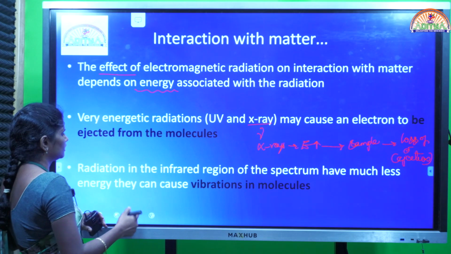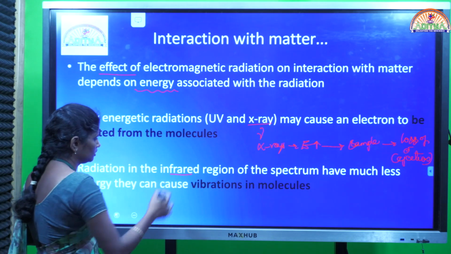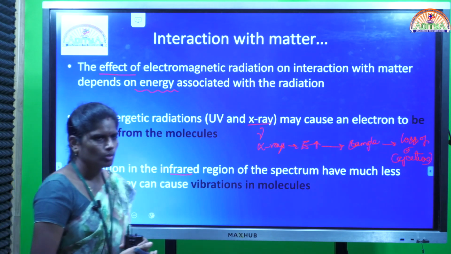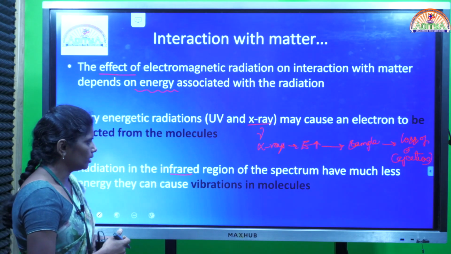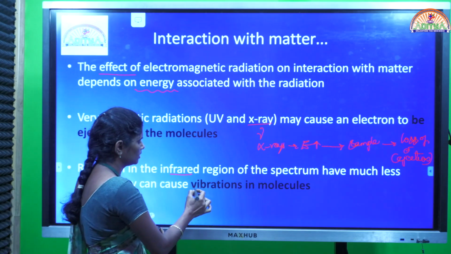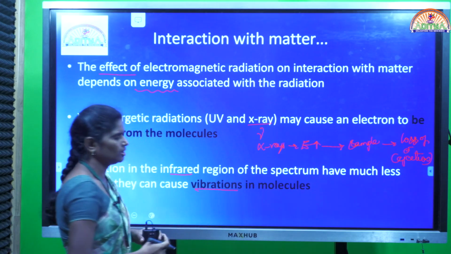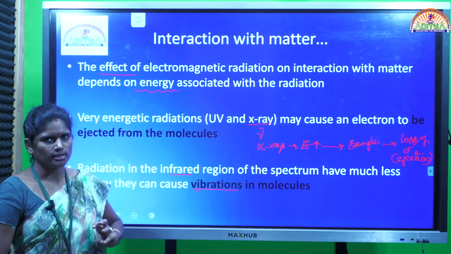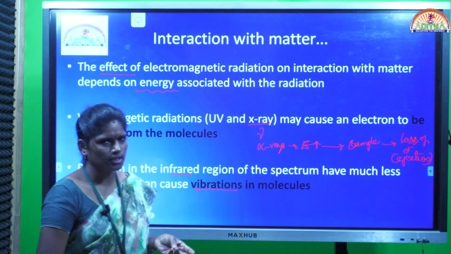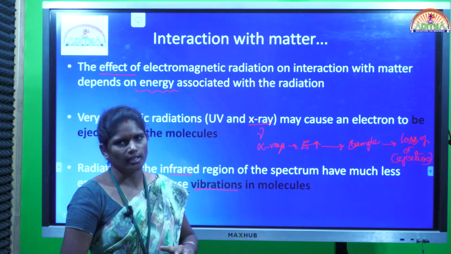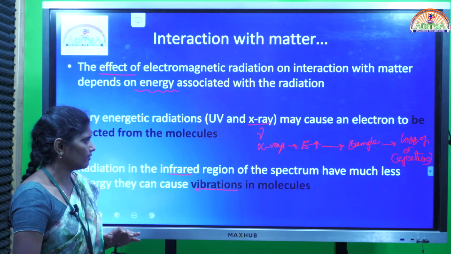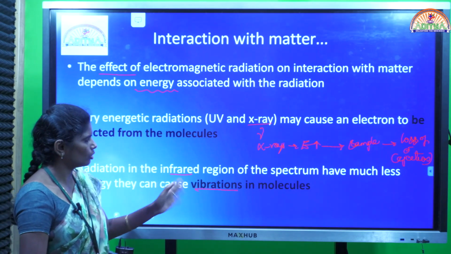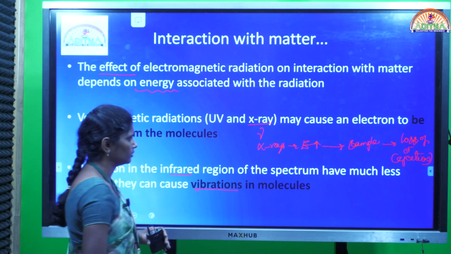And infrared radiation has less energy compared to X-rays and UV rays, so it is able to cause vibrations in the molecules. So X-rays, being highly energetic, will eject an electron from the sample, and IR radiation, having less energy than UV, is known to cause vibrations in the molecules.